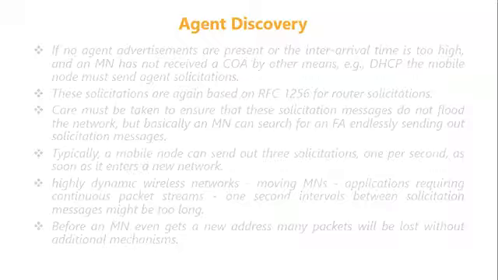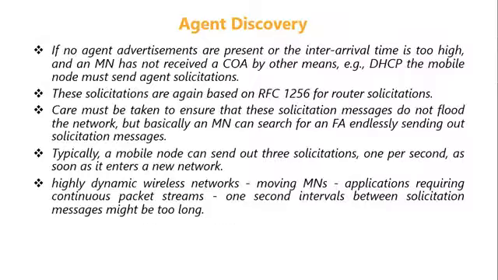What this technique says is: if no agent advertisements are present, or the inter-arrival time is too high, and an MN has not received a COA by other means, then the mobile node uses solicitation.